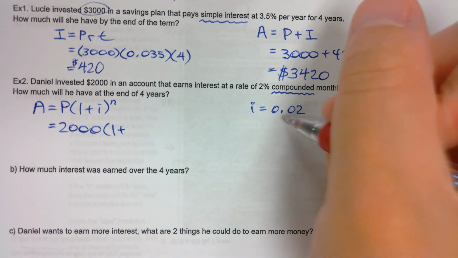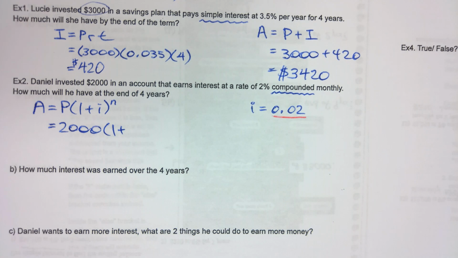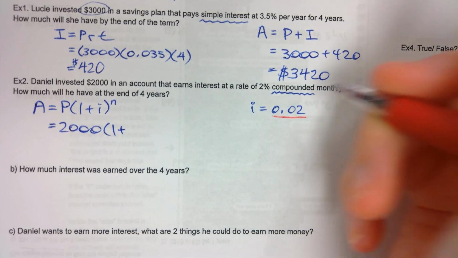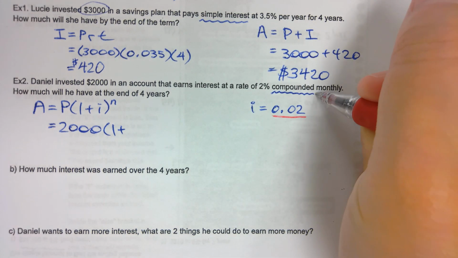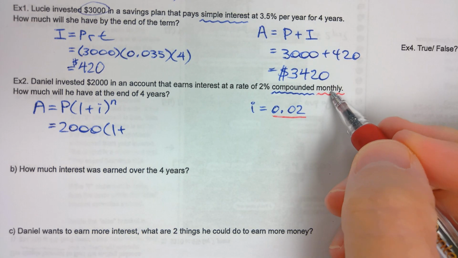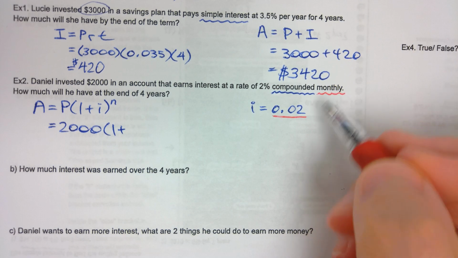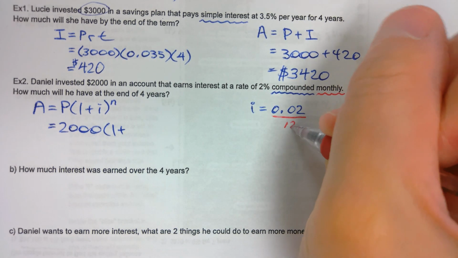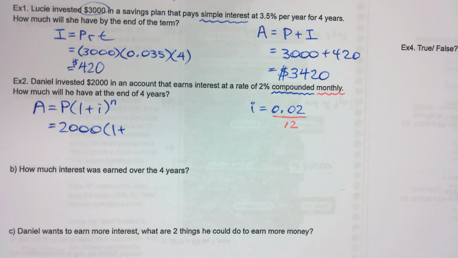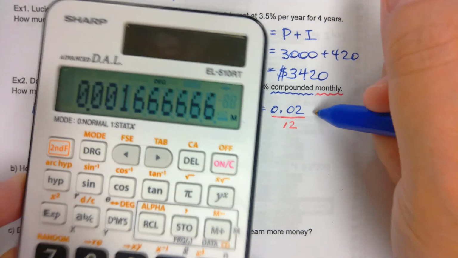What do you think I have to do with this 0.02? Not multiply, but divide, right? Because it says it's compounded monthly, so 12. I have to divide it by 12 so that I know how much interest I'm getting each month. So 0.02 divided by 12, I get this number.